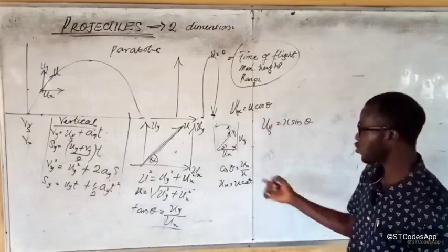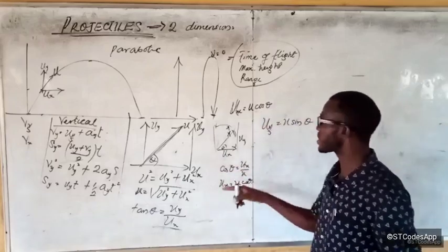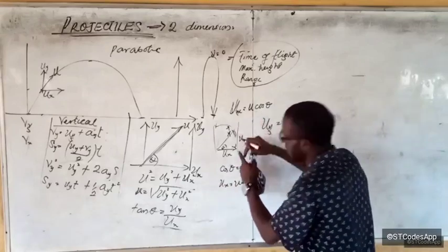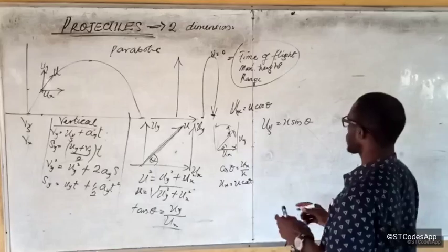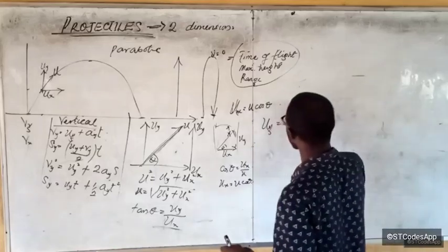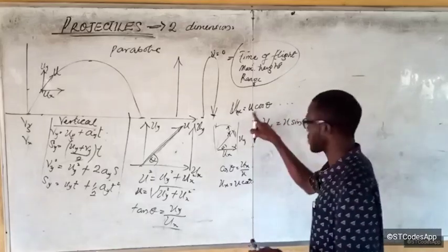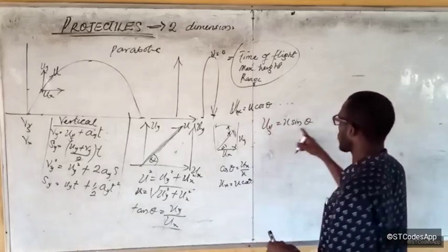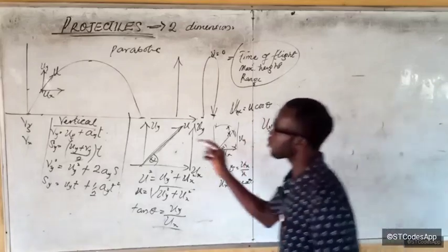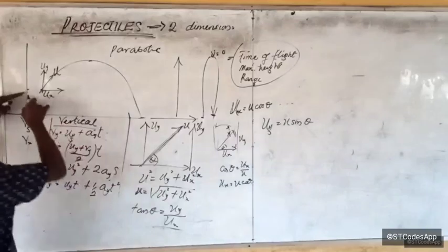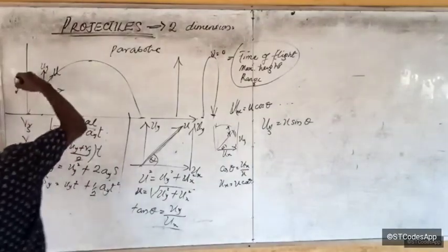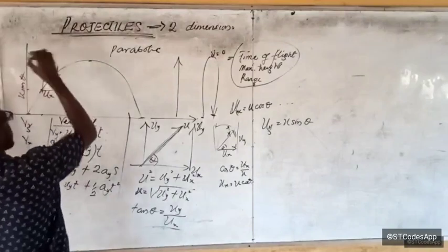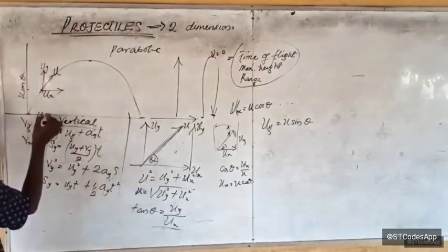But the trick, if you don't know how to begin, is just to say that when you close an angle, it is cos. When you open an angle, it is sine. So u on x component is u cos theta, and u on y component is u sine theta. So our velocity on this axis is u sine theta, and here it is u cos theta.